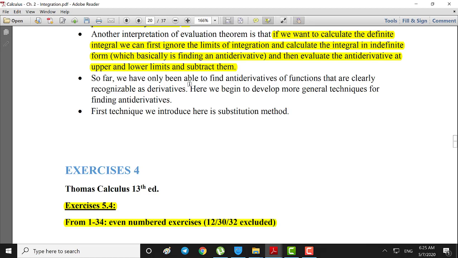And we need to begin to develop more general techniques for finding antiderivatives. And the first technique that we get introduced to is called the substitution method.